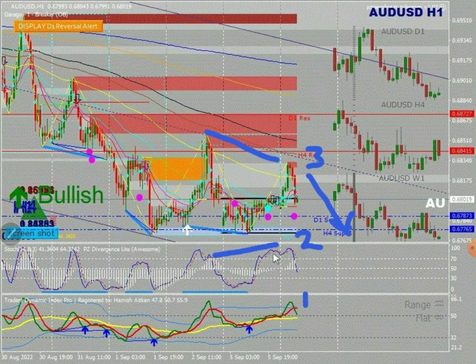I need to see stochastic overbought. Then I need to see price at yesterday's high. This was yesterday. This is the high of yesterday. So this was today. So price has to be above. So those are the three things I need to check.